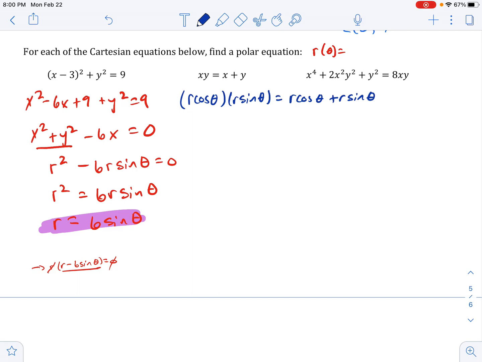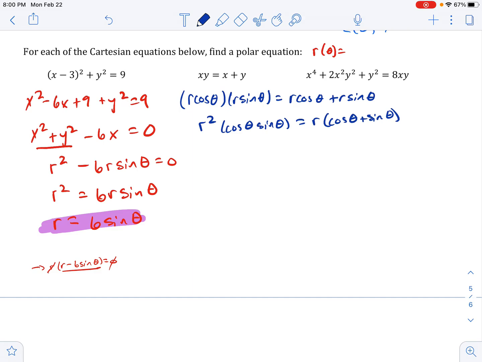Which you might notice you got r's on, well, both sides. Okay? And so here you have r squared cosine of theta sine of theta. And here, if you factor out your r, you have cosine of theta plus sine of theta.